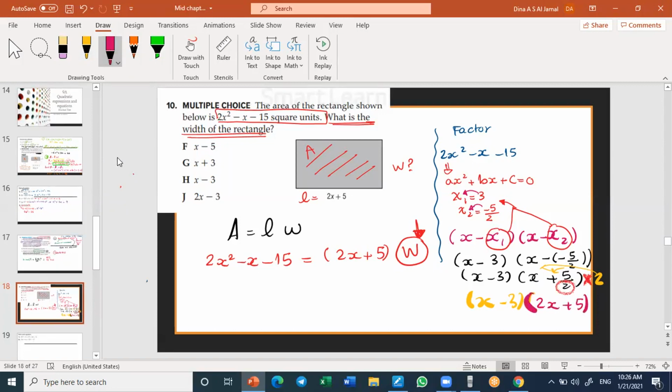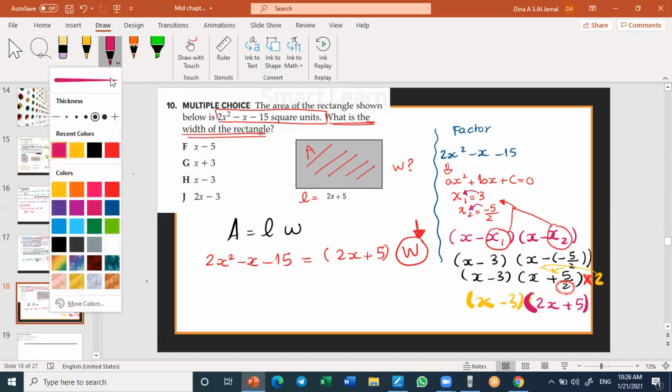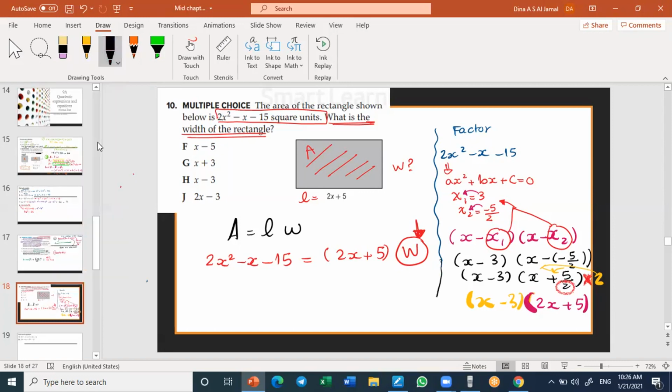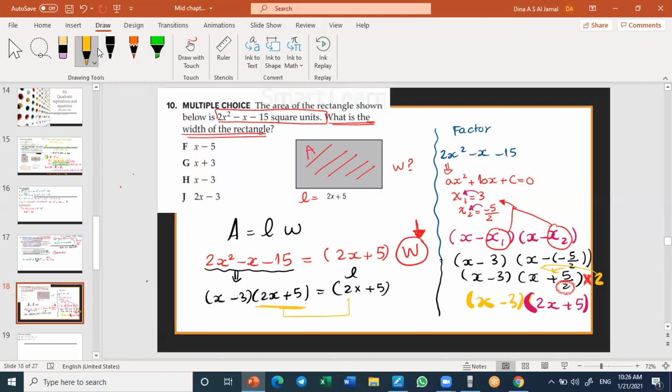Good. That means now let's compare. You got the factors already of the area: x minus 3, 2x plus 5. You already got your length previously, so if you compare them to each other, this will be your length.